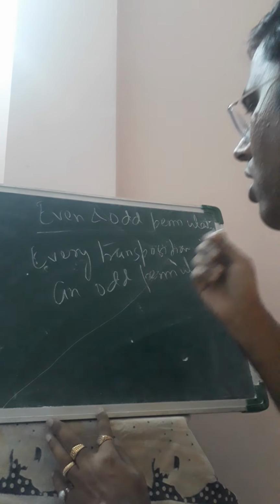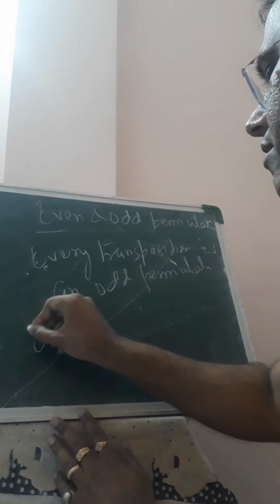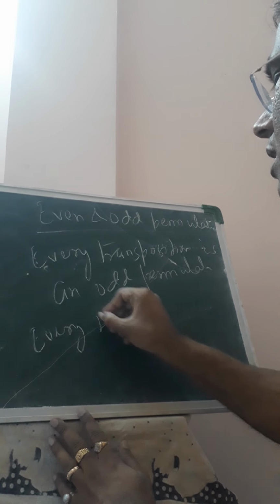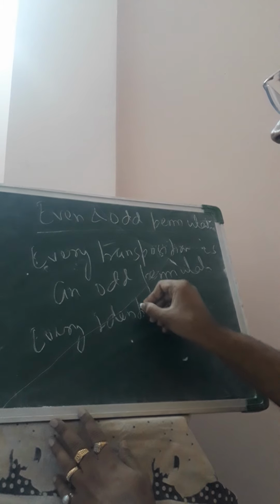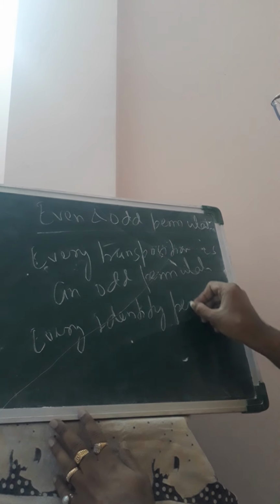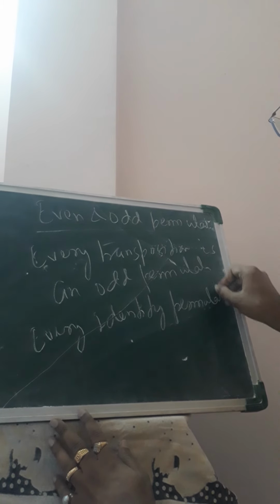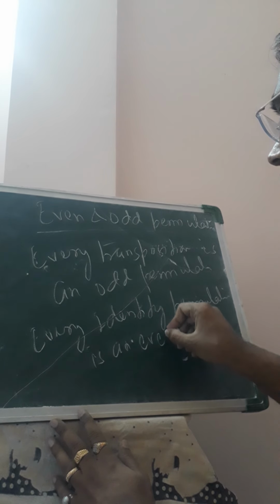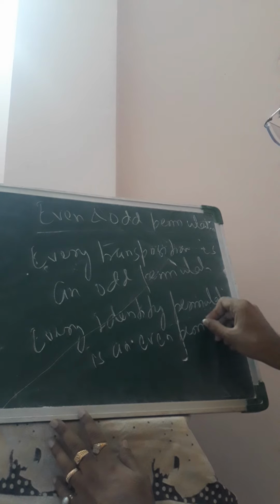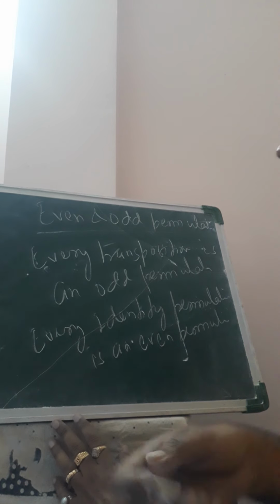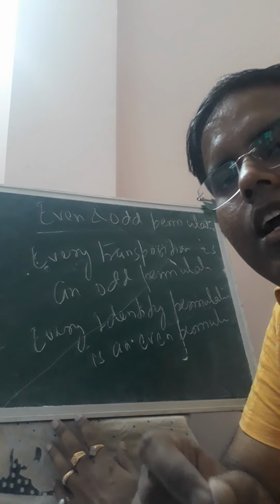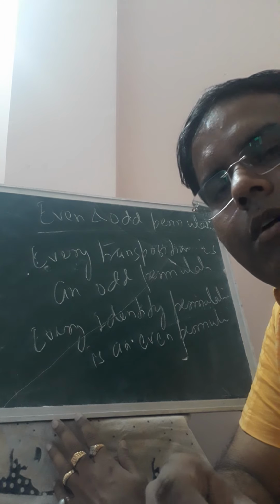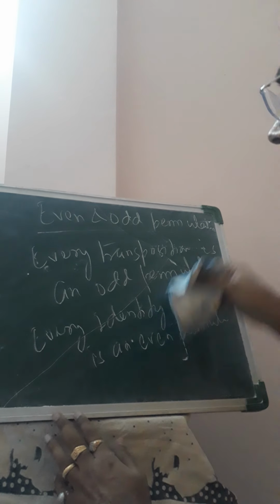So this is an odd permutation, and every identity permutation is an even permutation. So every transposition is an odd permutation, and every identity permutation is an even permutation.